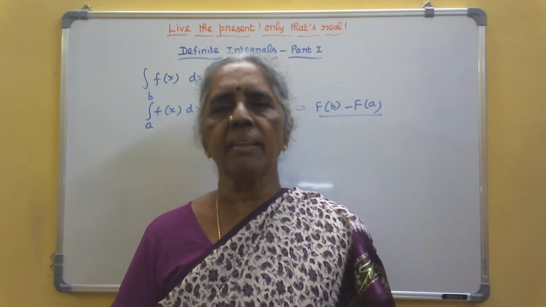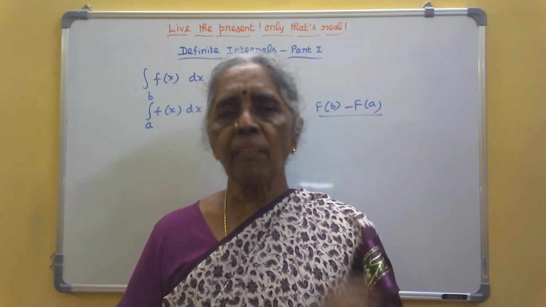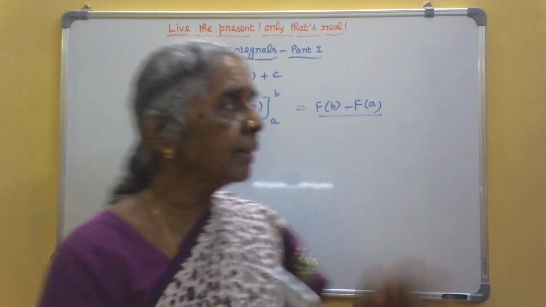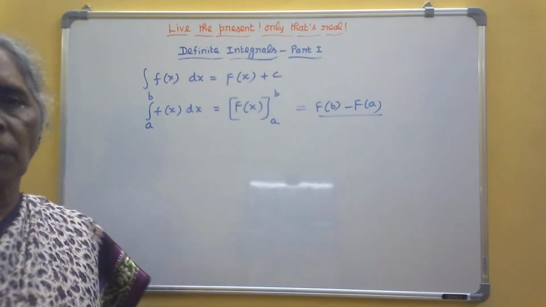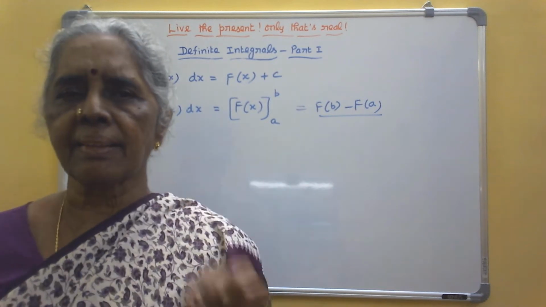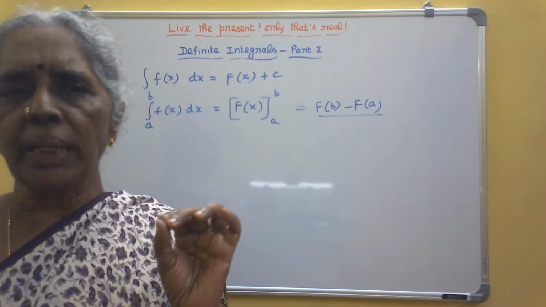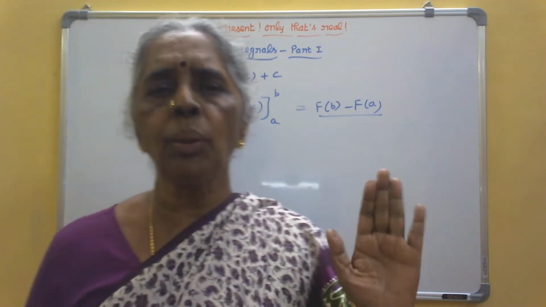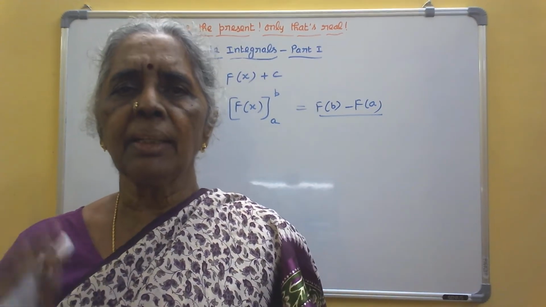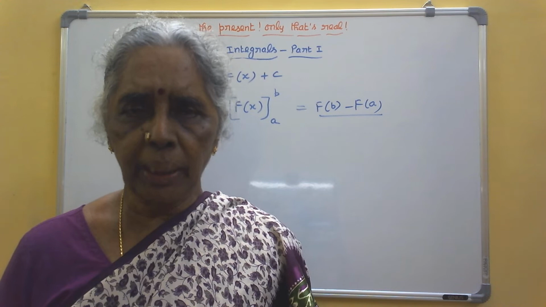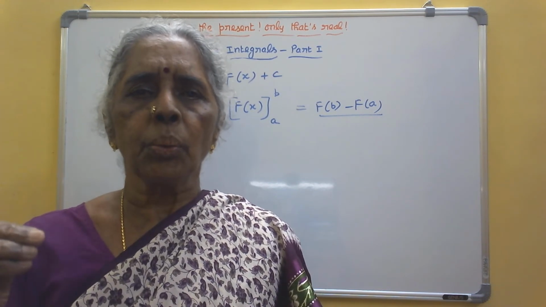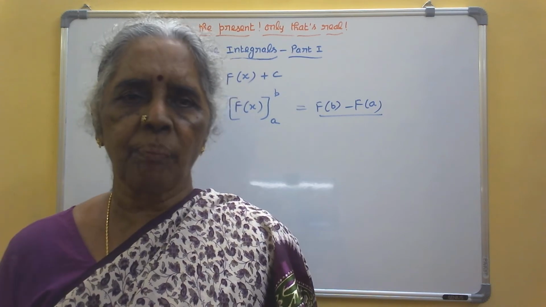In definite integrals, you will be getting the area under the curve y is equal to f of x, x-axis, and the two ordinates x is equal to a and x is equal to b. This is the geometrical interpretation.